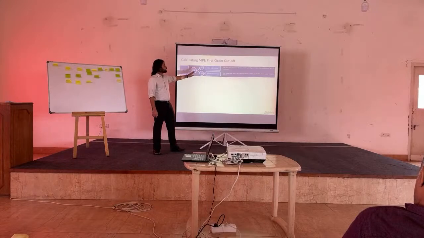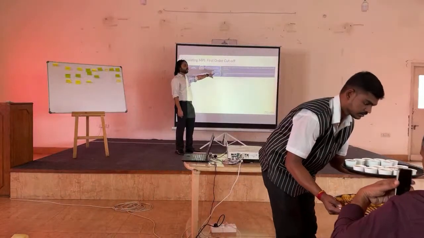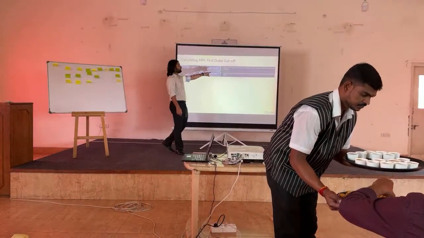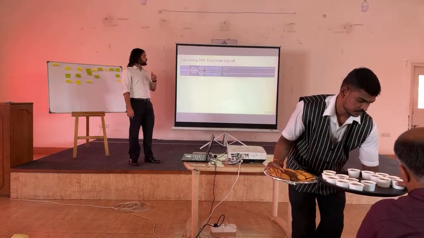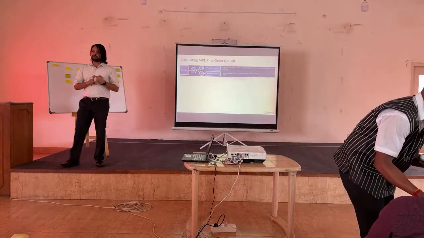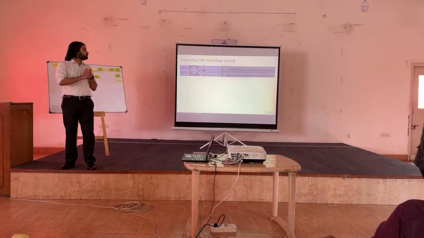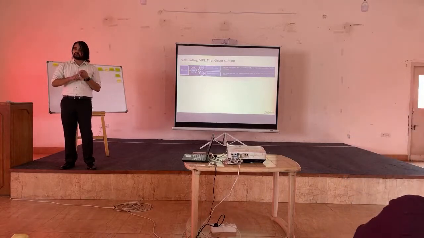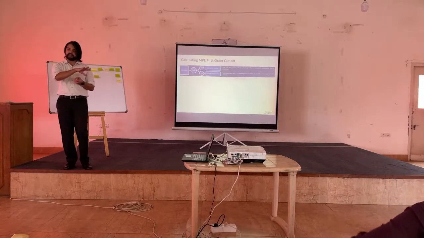So in the first one, the cutoff is that a household will be considered deprived if not even one member of the household who is aged 10 years or older has completed 6 years of schooling, right? So if any household has a situation where none of the members of the household has completed 6 years of schooling, automatically they will be considered deprived in that one indicator, right?